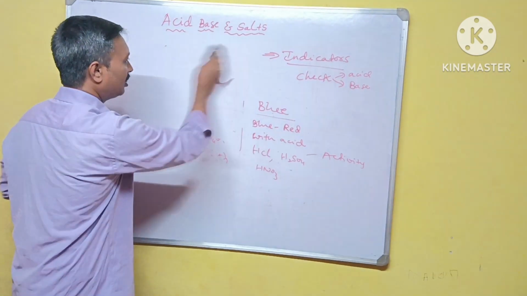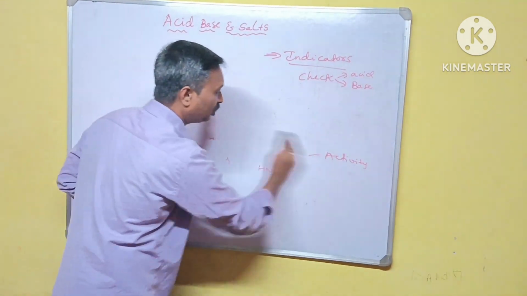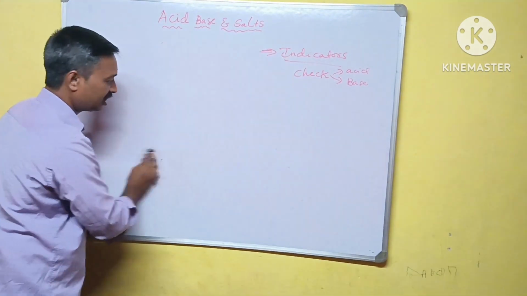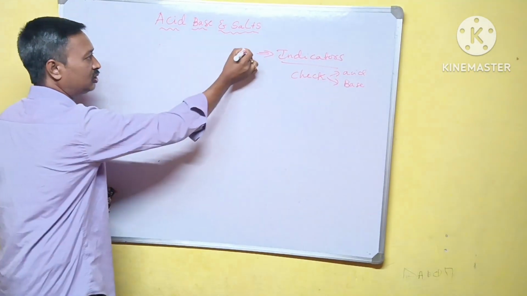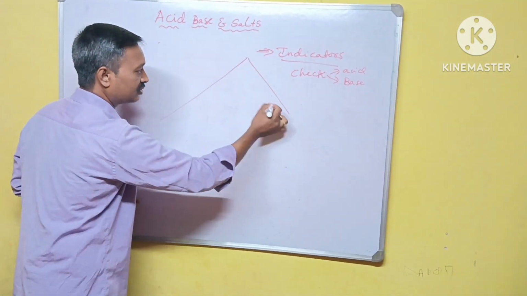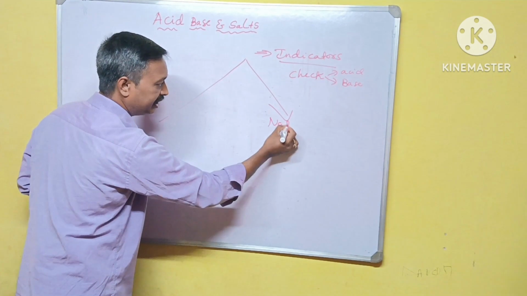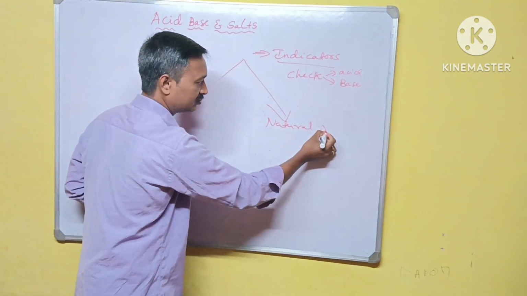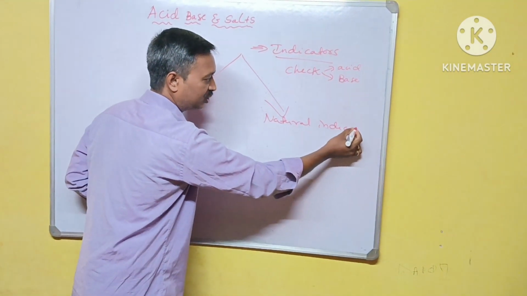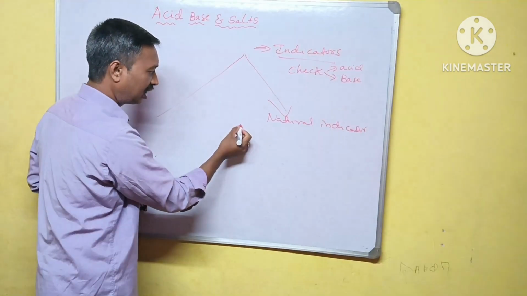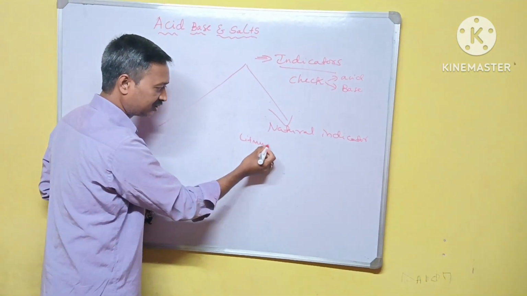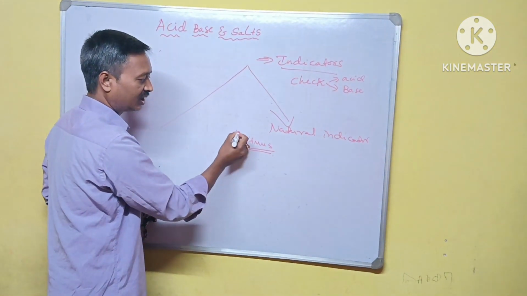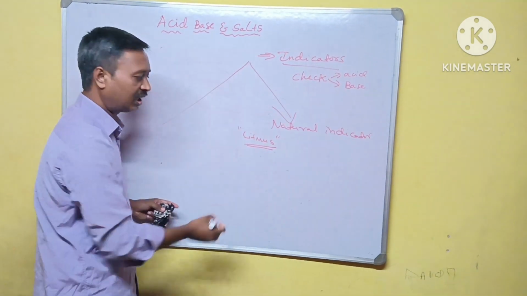Next, indicators are of two types again. Natural indicators, and artificial indicators. In natural indicators, I already told you that litmus is a natural indicator.